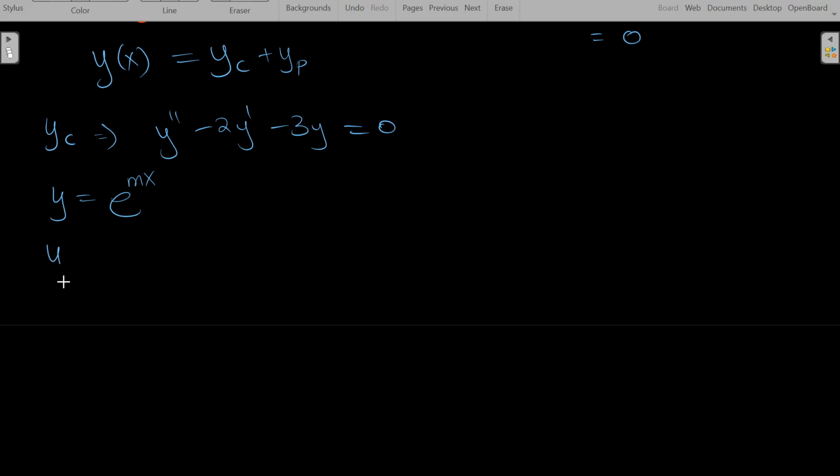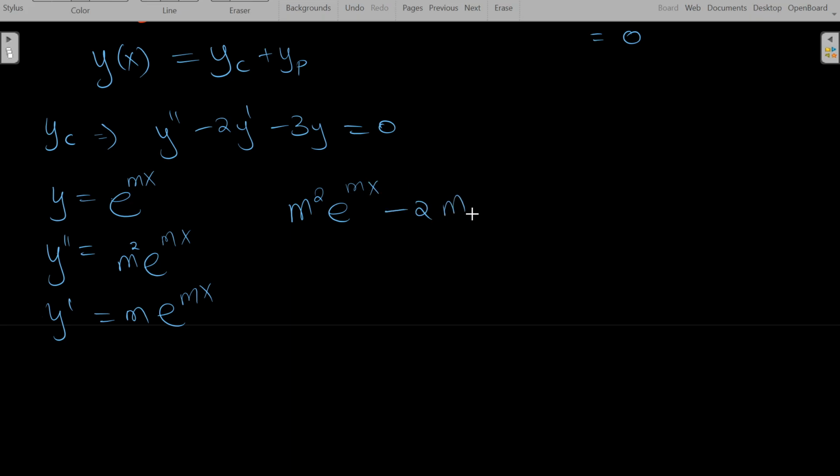So y prime should be m e raised to mx, and y double prime will be m squared e raised to mx. If I substitute back, I get m squared e raised to mx minus 2m e raised to mx minus 3 e raised to mx equals 0.